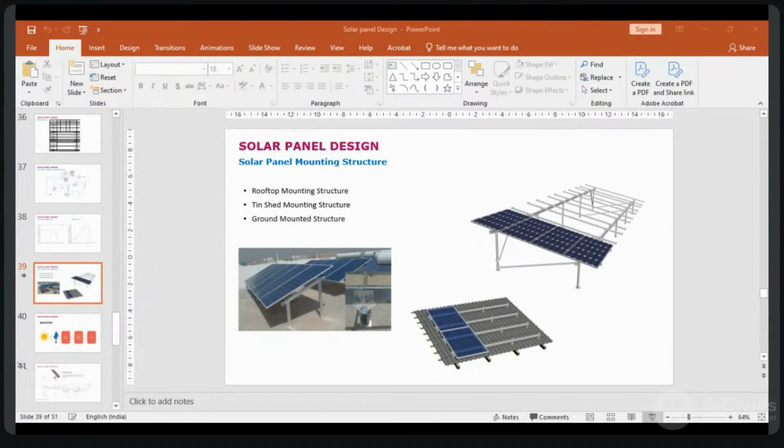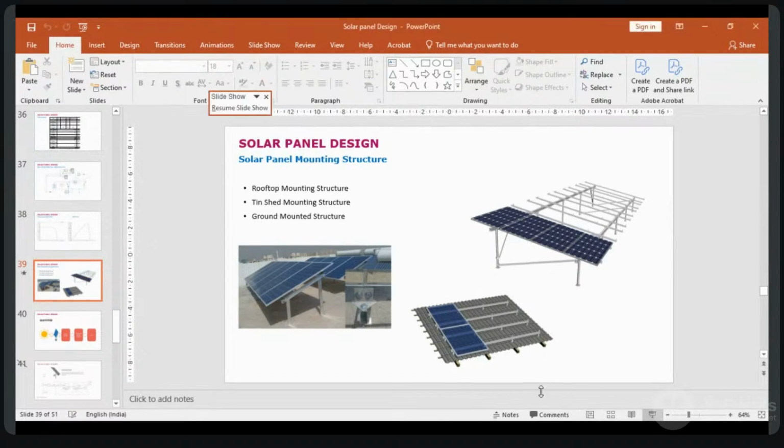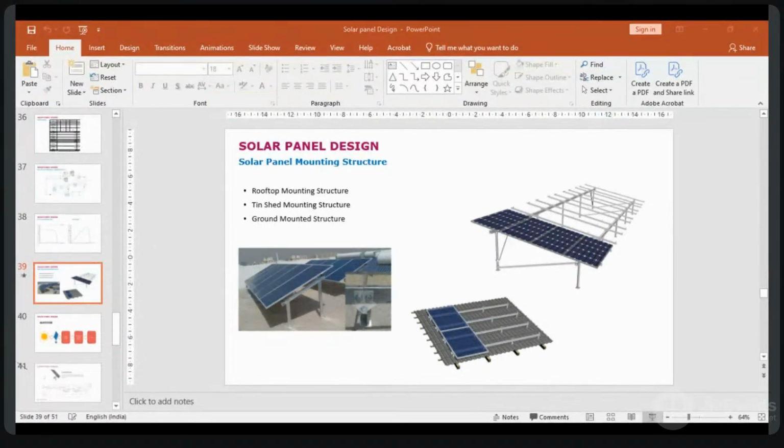Dilip, your voice is not audible, kindly check. Sir, is it full screen mode? No, it's not in full screen mode. Still it is not. Sir, now? No, still it is not in full screen mode.